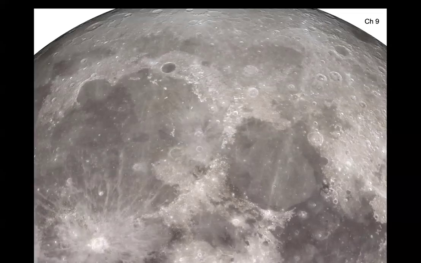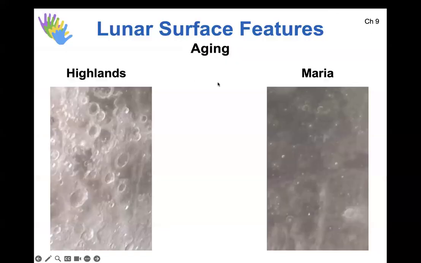If you've done some reading and seen where the maria fit into the history of the moon, you know that they came later. And so to see a big crater on top of the maria tells us that this was almost like the asteroid that wiped out the dinosaurs, some sort of a rare event that happened relatively recently.